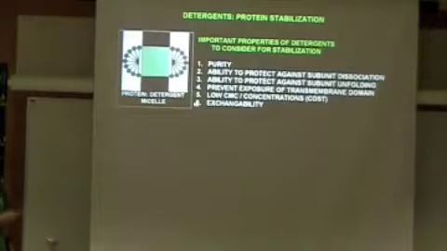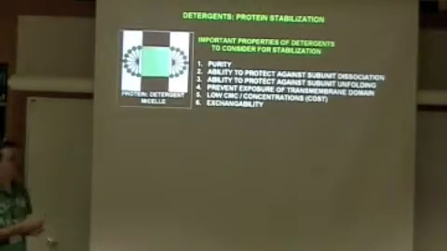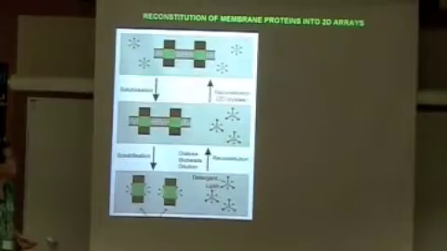We need to have micelles which are adequate to prevent exposure of the transmembrane domain. So if we've got very small micelles, then these might not cover up a very large transmembrane domain. Again, low CMCs are of interest because this then leads to low concentrations of detergents, and some detergents can be very expensive. So if we're working at very high concentrations, then this can be very costly. And exchangeability is, again, very important.